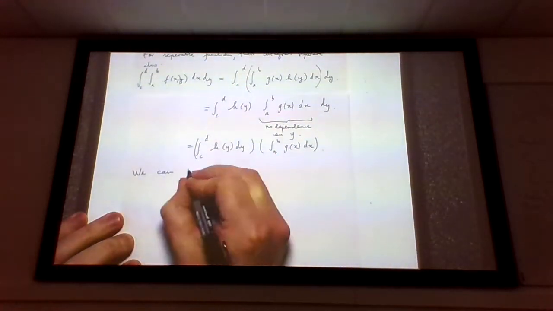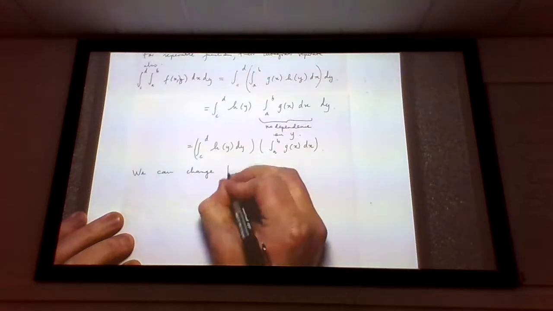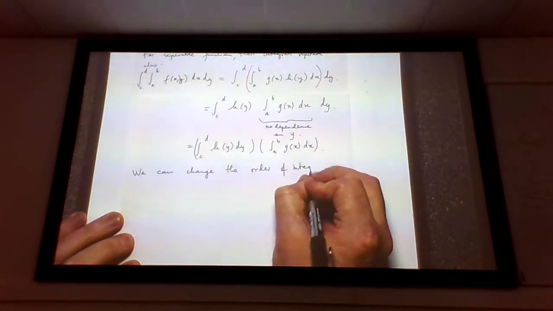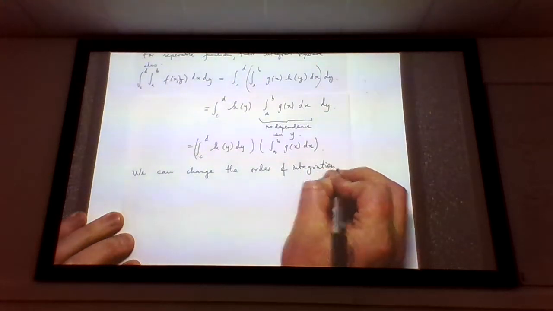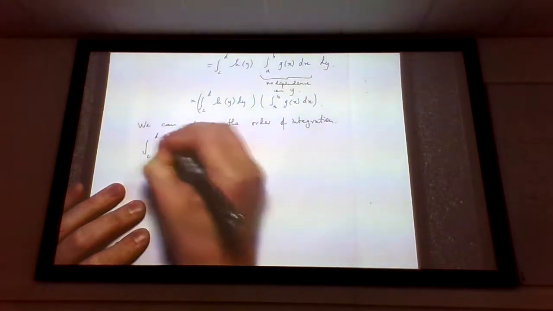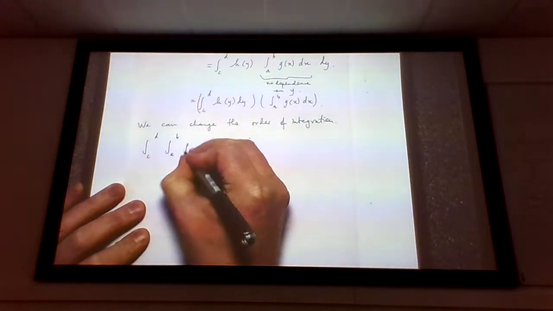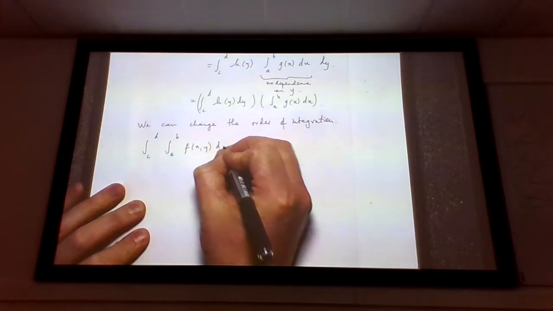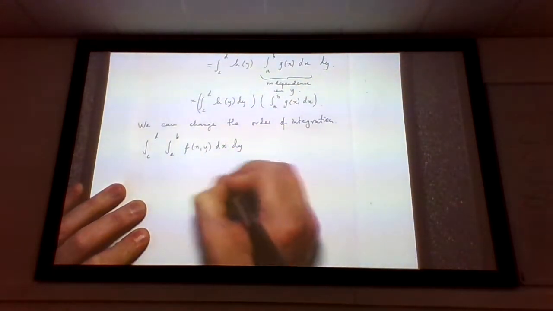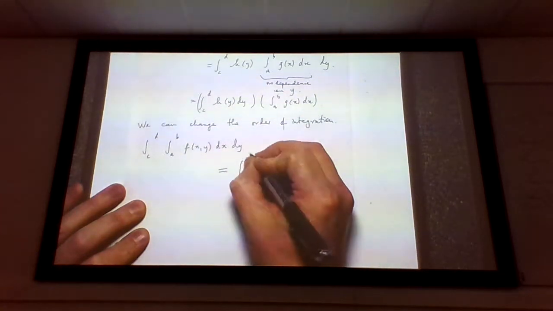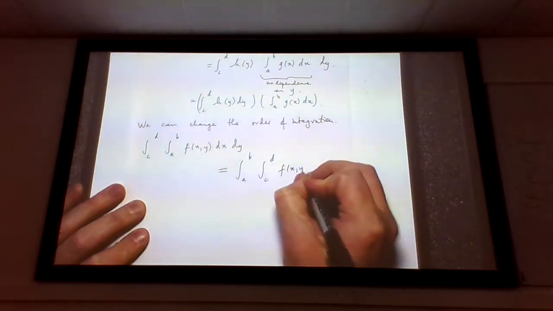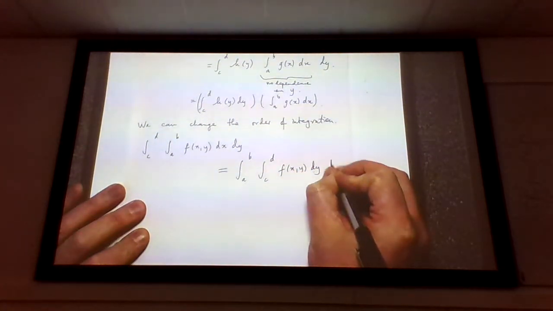Another thing we can do is change the order of integration. So our integral from c to d of the integral from a to b of a function f of x y dx dy, we can also say that this is equal to integrating from a to b of the integral from c to d of f of x y dy dx.